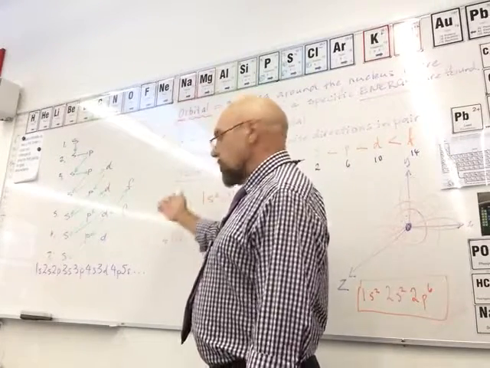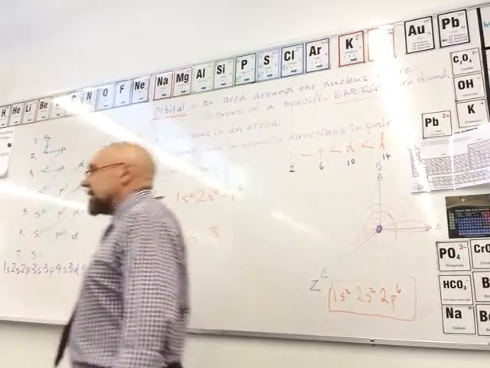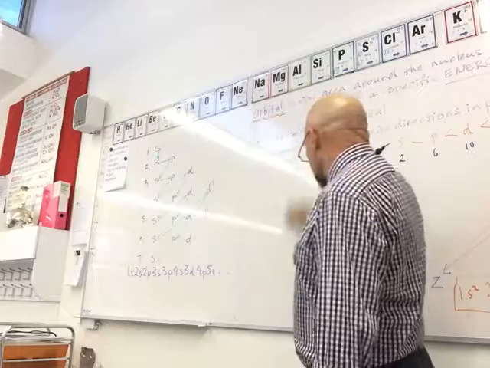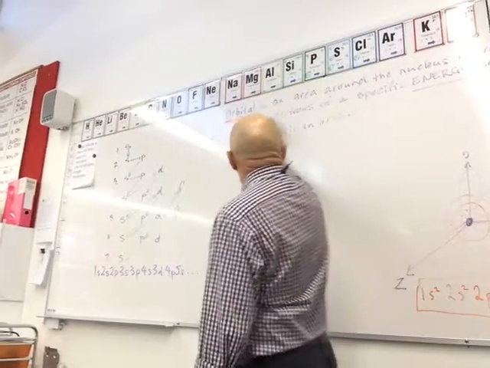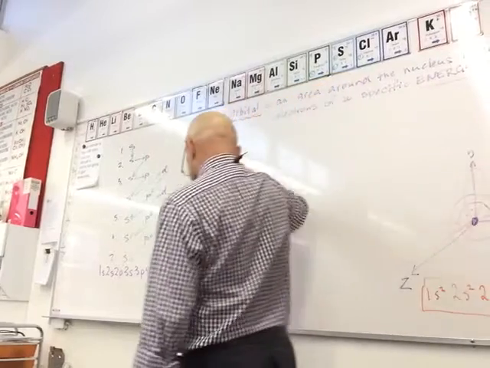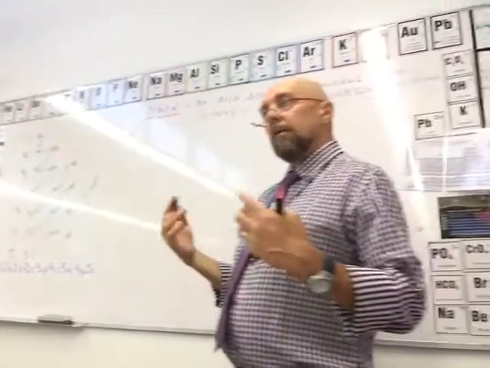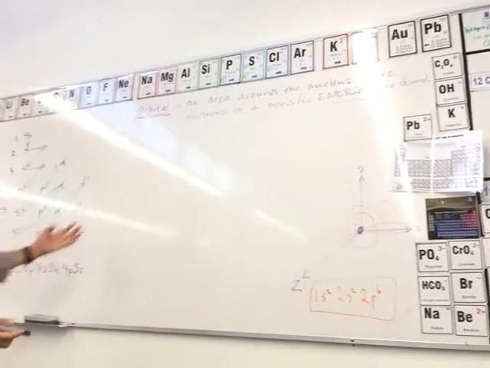Alright, so that's the sequence of orbitals, okay? Two more things we are going to have a look at, okay? Now, if I look at a more complicated atom, I had potassium on the board a minute ago and I just got rid of it.